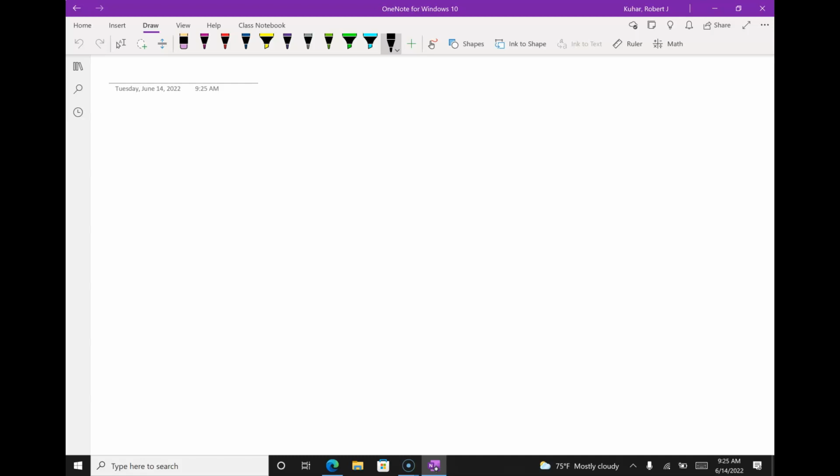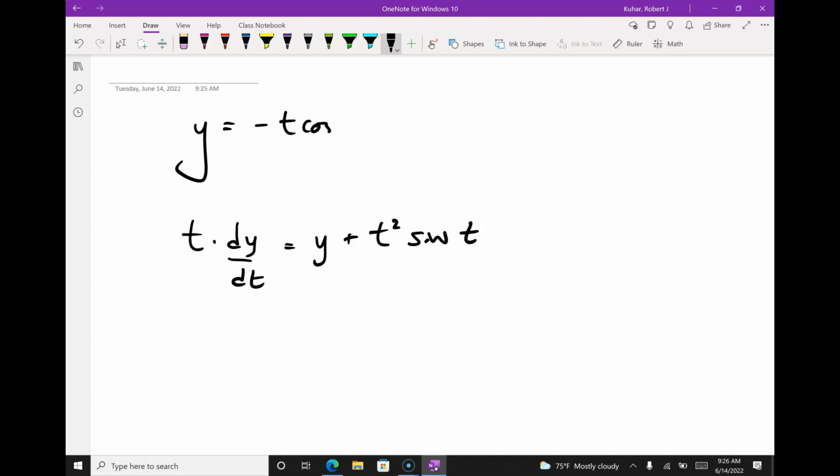Exactly. Let's just make it a Z, because I feel like it. So t times dy/dt equals y plus t squared sine t. And we're saying that we got a solution of minus t cos t minus t.